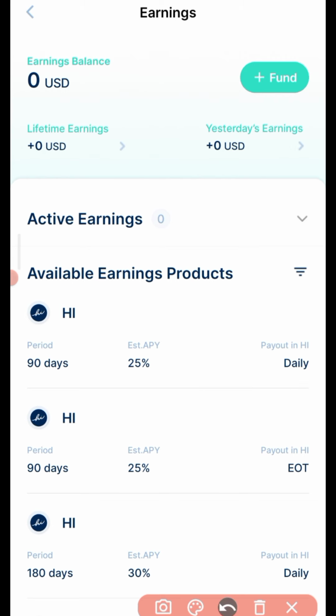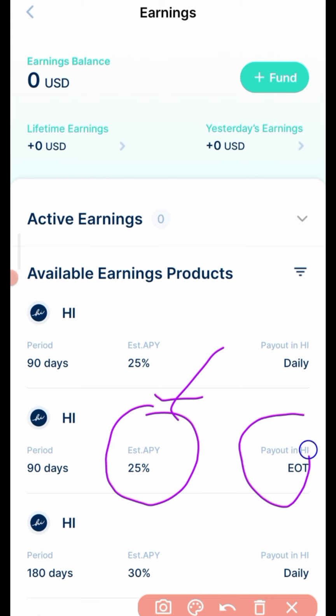For the high dollars that you stake, you see this one, 90 days, 25%, estimated annual percentage yield of 25%. Here they said EOT, meaning end of tenure, meaning that you get the entire 25% at the end of 90 days for this one.